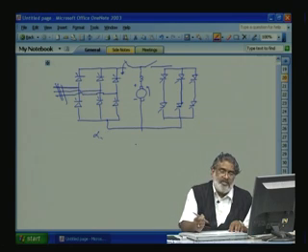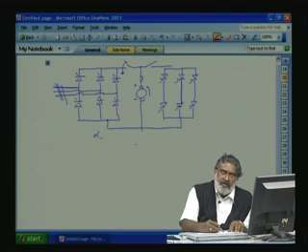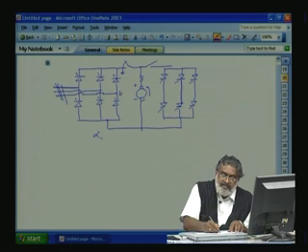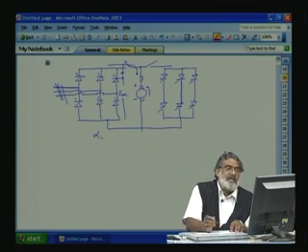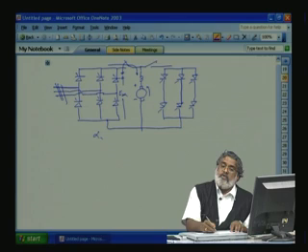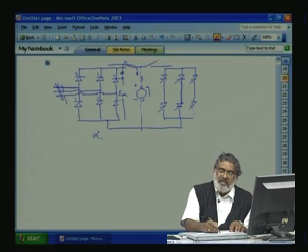Now, if you want to reduce the speed, what can we do? We can slowly reduce the firing angle, so this voltage appearing here, that is E0 alpha 1, coming from here, we can reduce so that this current will slowly come to 0. We can sense this current. Once the current is 0, we can open this one and close this one.